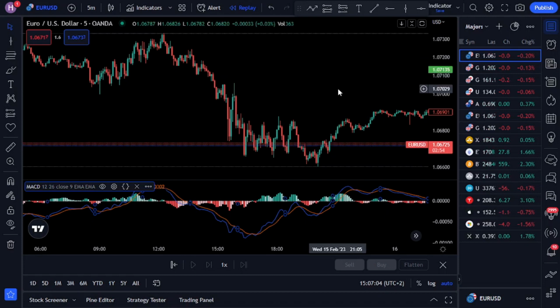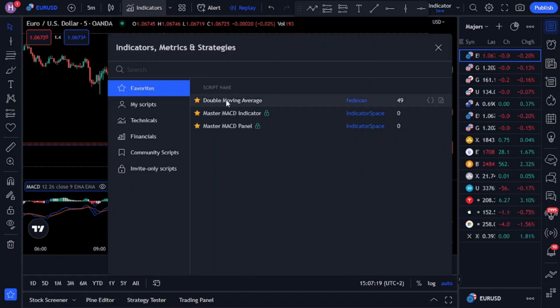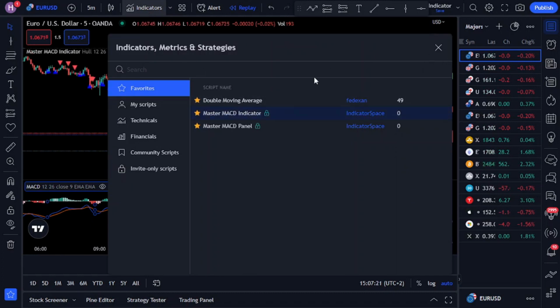The MACD indicator is incredible, but not without its faults. One of the biggest problems is the lagging nature of the standard MACD indicator, meaning you miss out on bigger moves or jump in too late. That is where the Master MACD indicator helps you.